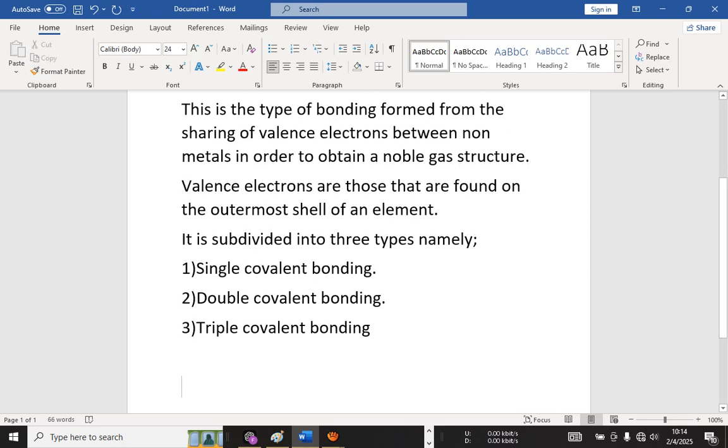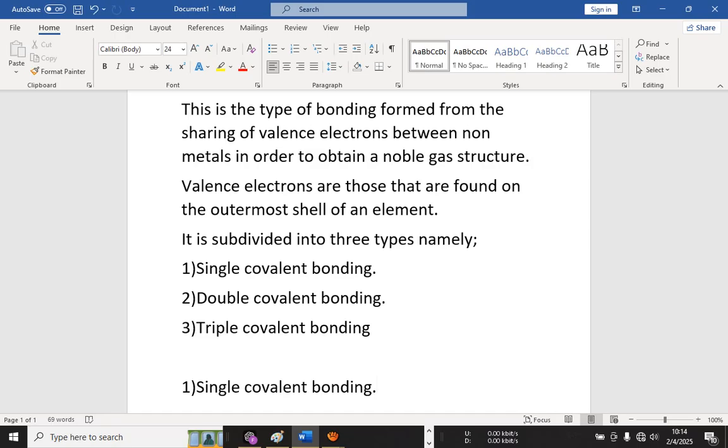So our main aim, we are going to look at all of them. For the first one we have the single covalent bonding. As you hear the word single, so in single covalent bonding, its definition is also simple.